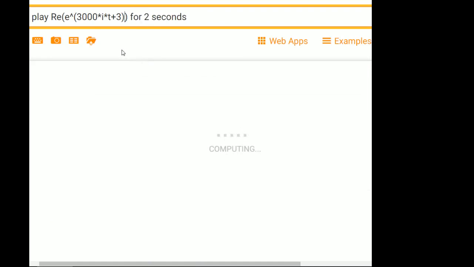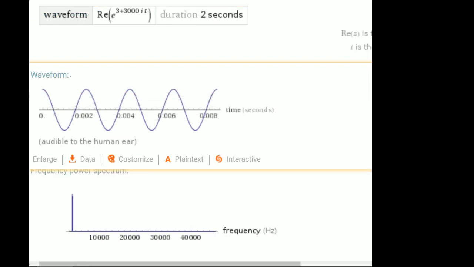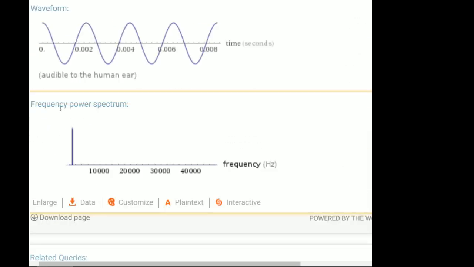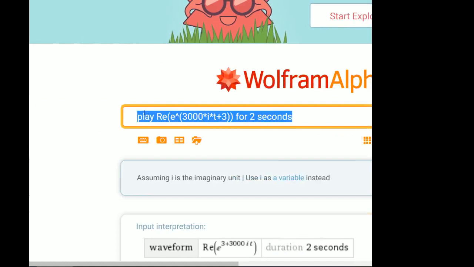Please compute that. See, it's the same signal, but the amplitude is changed. Okay, I think that's it for this.